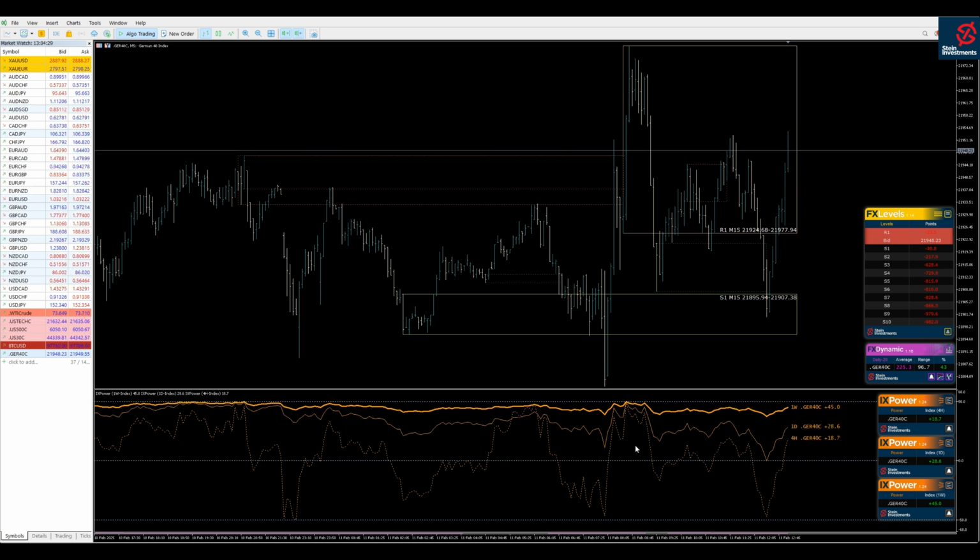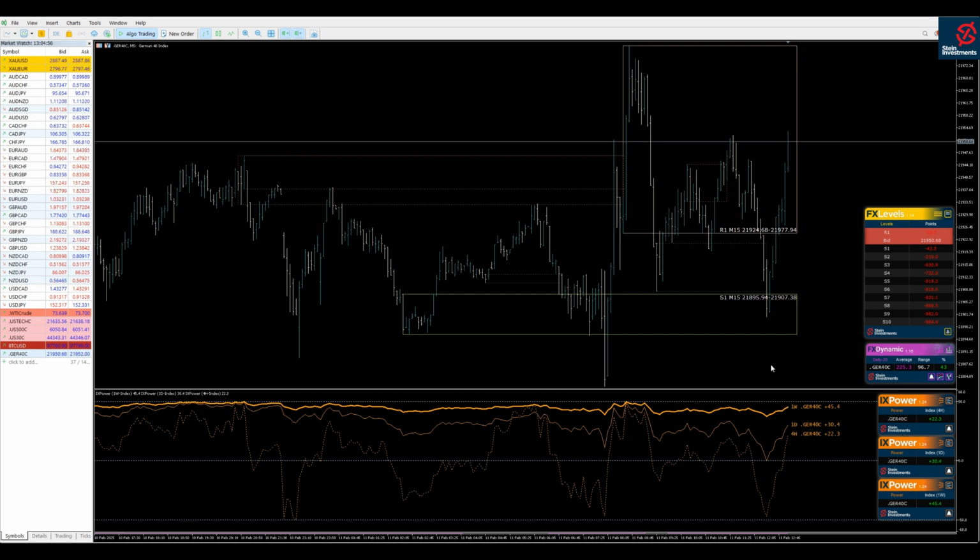So it's a pretty good example for our scalping strategy with IX power, where the short-term trend has to reach the extreme level of the opposite compared to the long-term trend, and then you hop in once the short-term trend goes back in line with its long-term trends.